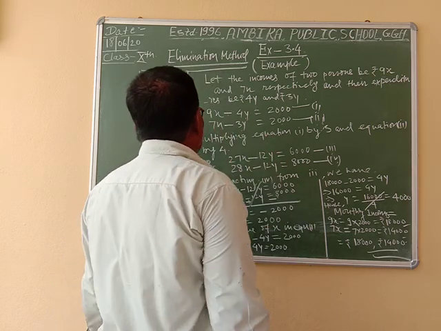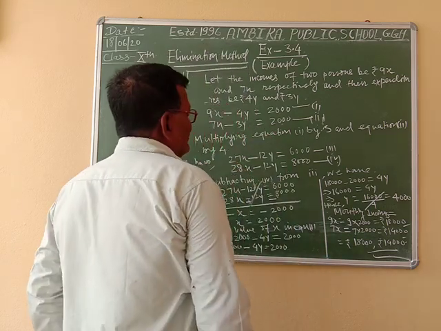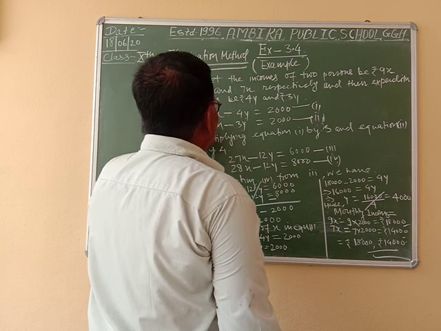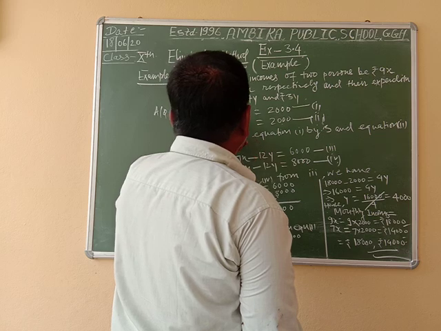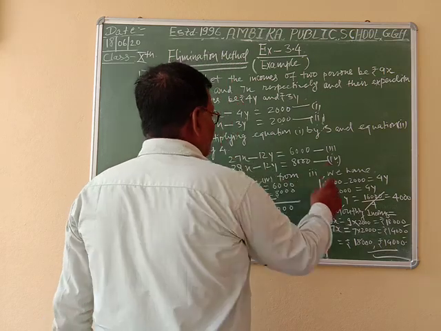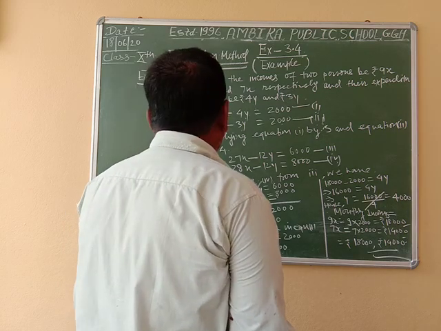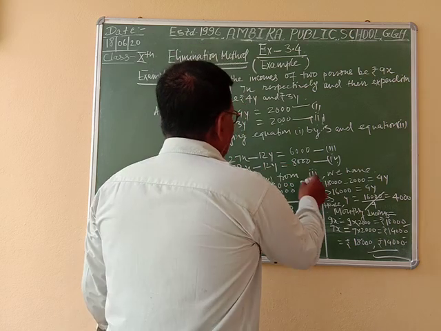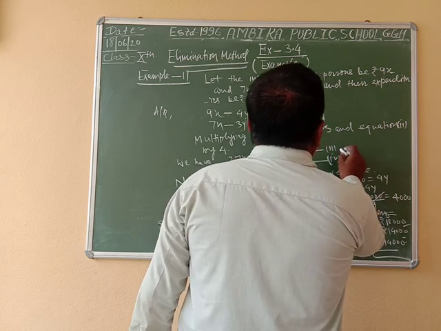Then multiplying by 3 we have 27x minus 12y is equal to 6,000, and equation 2 by 4, 28x minus 12y is equal to 8000. Let these be equations 3 and 4.